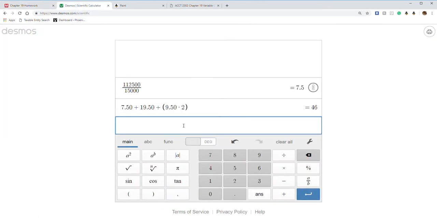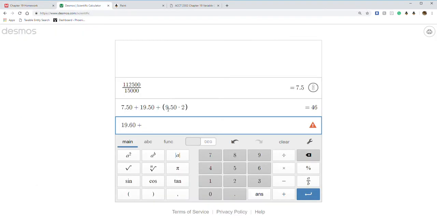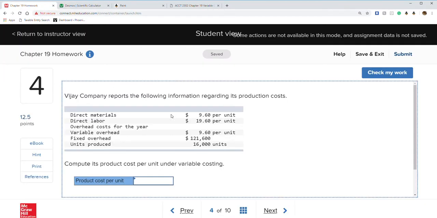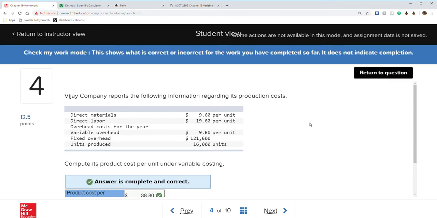So 19.60 plus 9.60 basically times 2 should get us to $38.80. And check my work. Everything's good. We can move on to the next level.